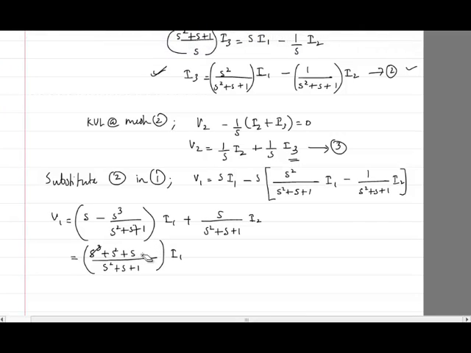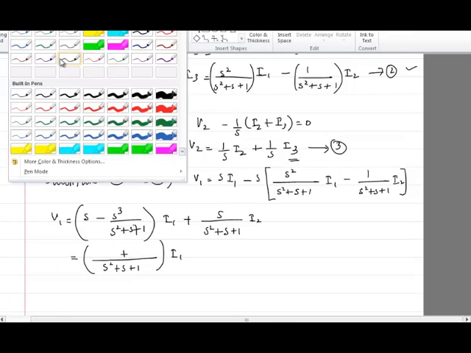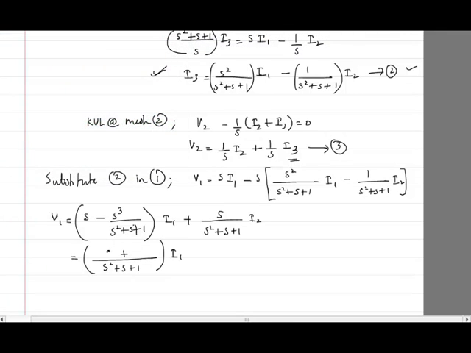Okay, and this one I can maybe write as S into S plus 1, but let me avoid that right now. Or I can take S commonly outside and I will write this as S into S plus 1. Why?